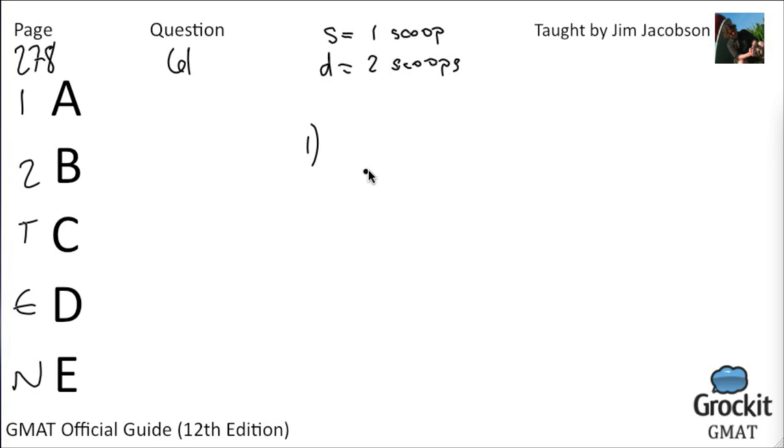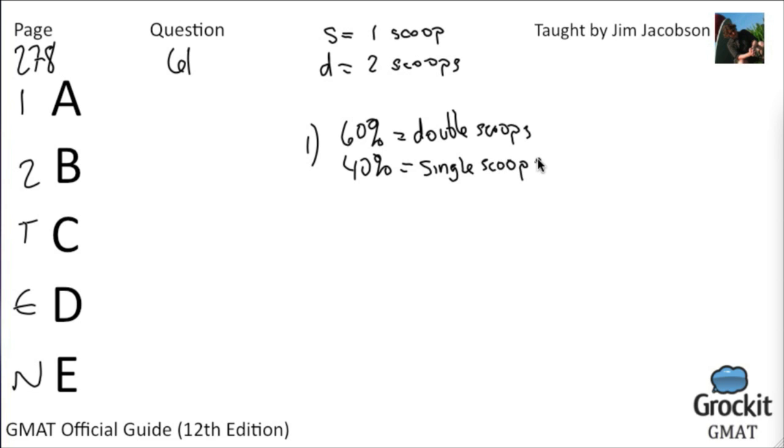Statement number 1. At the picnic, 60% of the guests were served a double scoop of ice cream. So 60% were double scoops. So this tells us that 40% were single scoops, and that the ratio of single to double scoops was 40 to 60.